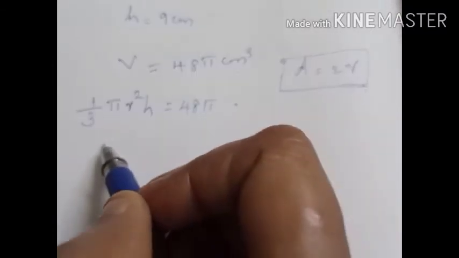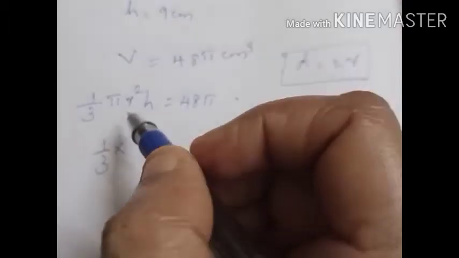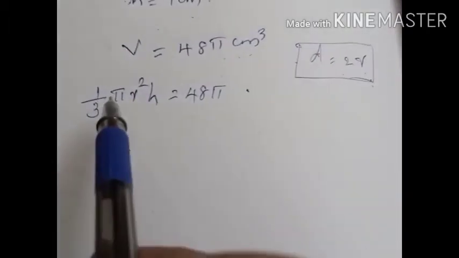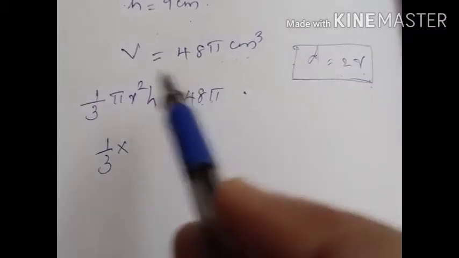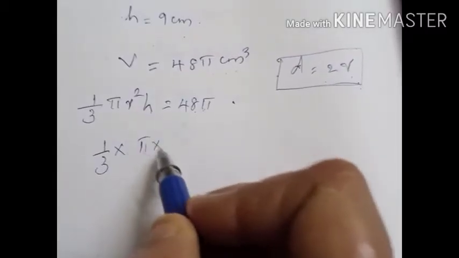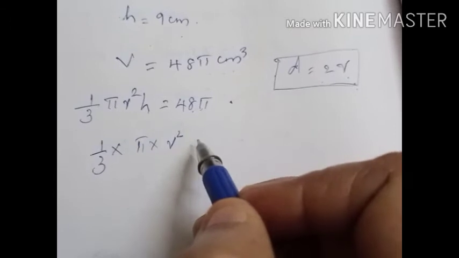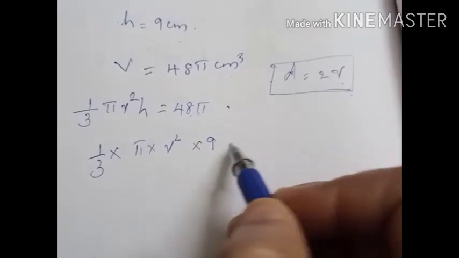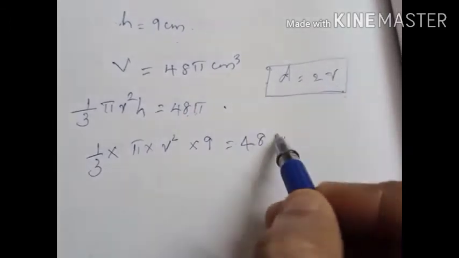Now we have to substitute the given values. Here no need to substitute the value of pi because here also pi is given. Then pi into r square. R we have to find, so r square itself. H is 9 is given, that is equal to 48 pi.